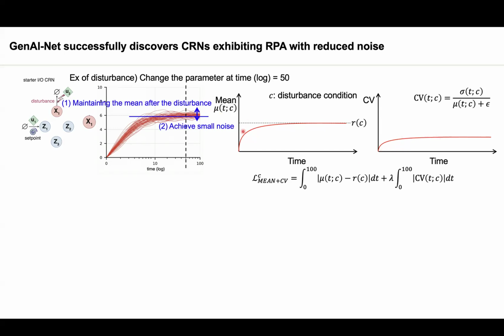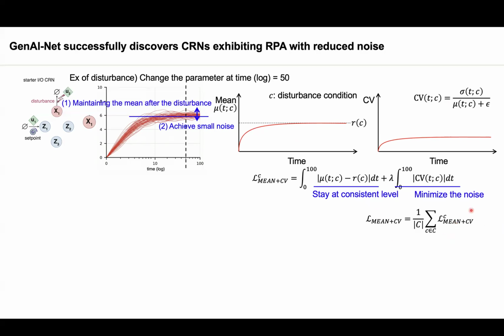To minimize the noise, if we just integrate the CV, then minimizing this means minimizing the standard deviation, so that we can keep the noise small. We calculate this loss function for different conditions, meaning different types of disturbances in the system.